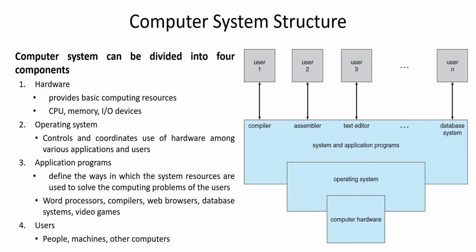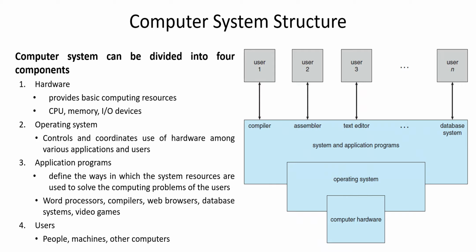Let's formalize this into four distinct components that make up any computer system. First, hardware. This provides the basic computing resources: the CPU, memory, and I/O devices. Second, the operating system, which controls and coordinates the use of hardware among various applications and users. Third, application programs. These define the ways in which the system resources are used to solve the computing problems of users.